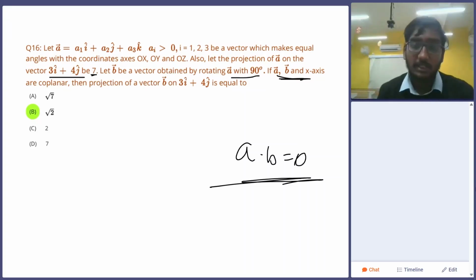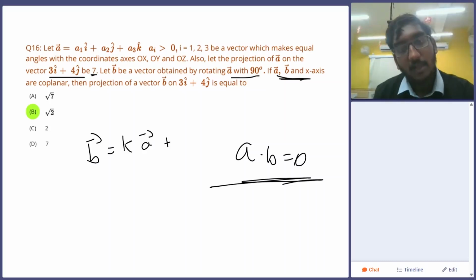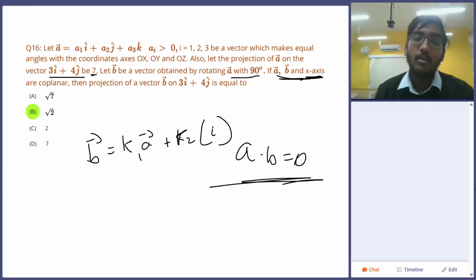Linear dependence, right? That means this B vector can be written as some constant times A vector plus another constant times the other vector. What is the other vector? It is actually the x-axis. Okay, so the vector along the x-axis will be i. So this you must be aware of for solving this question.